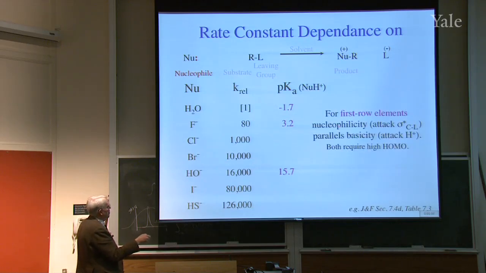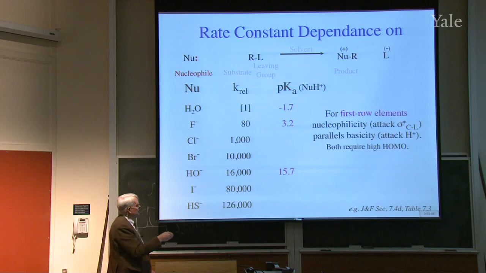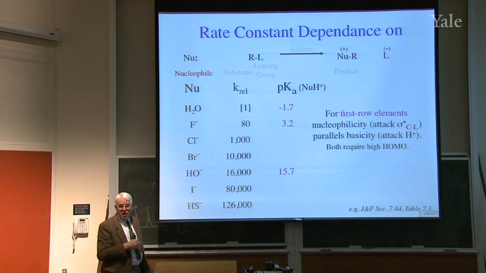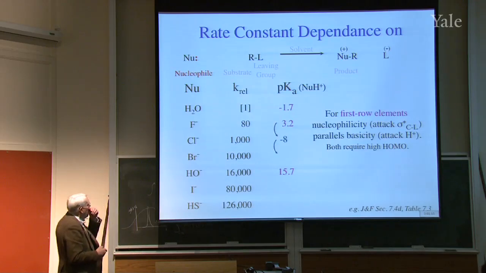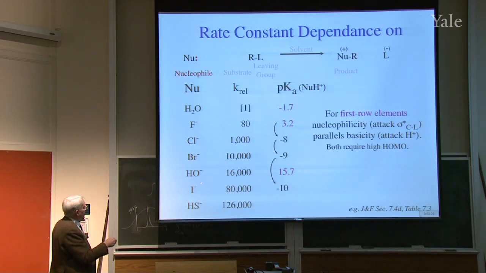So for first row elements, the nucleophilicity, attack on sigma star, parallels basicity, attack on H+. Both require a higher HOMO will make it more reactive. So far, so good. Now let's look at the halides, fluoride, chloride, bromide, iodide. Notice that as the acid gets stronger, it speeds up.